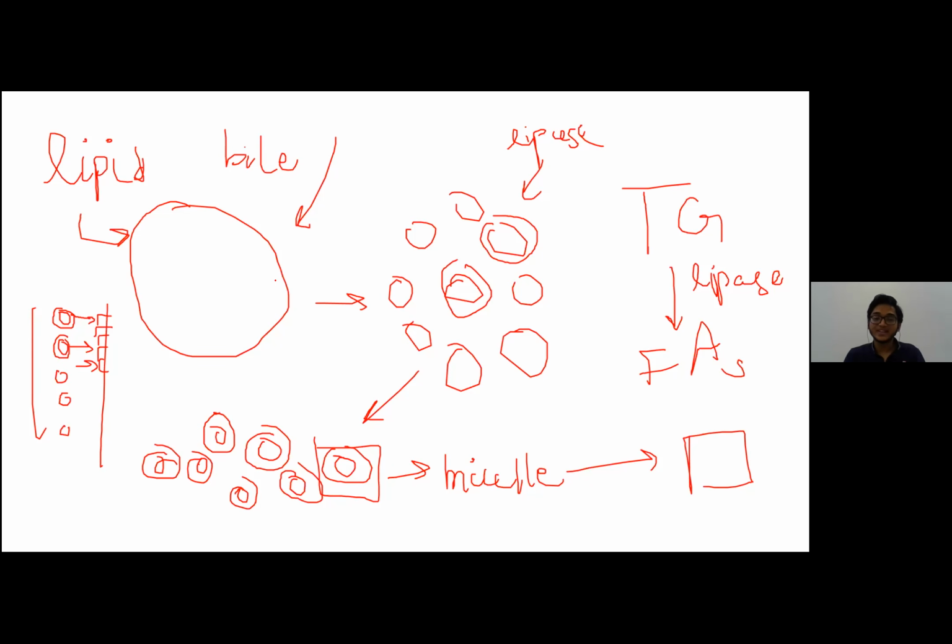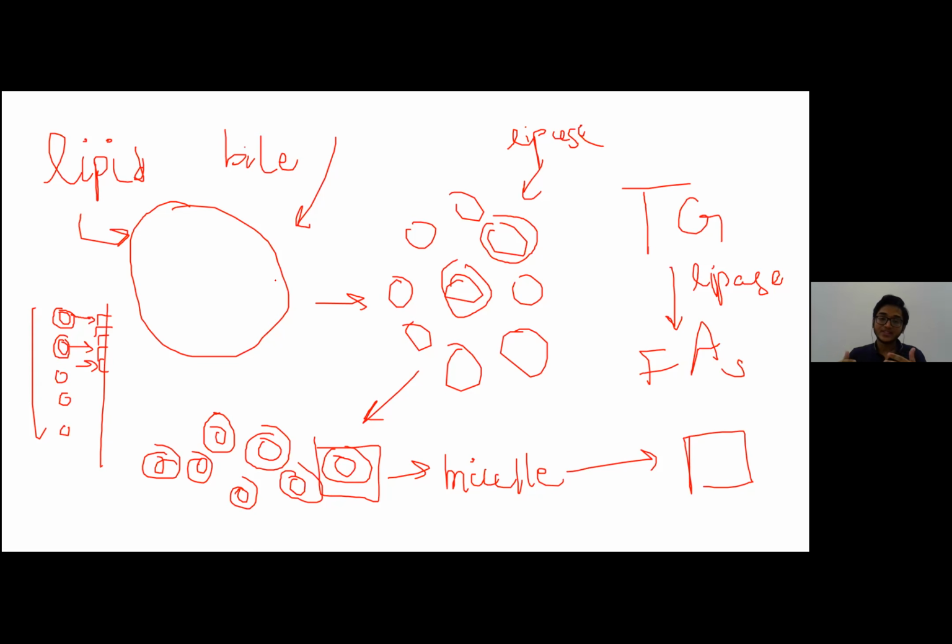If you didn't do anything, those small pieces would come back together because they're hydrophobic, to form this big droplet again. Bile just comes in and surrounds those small droplets to prevent them from coming back together. This is called emulsification, okay?